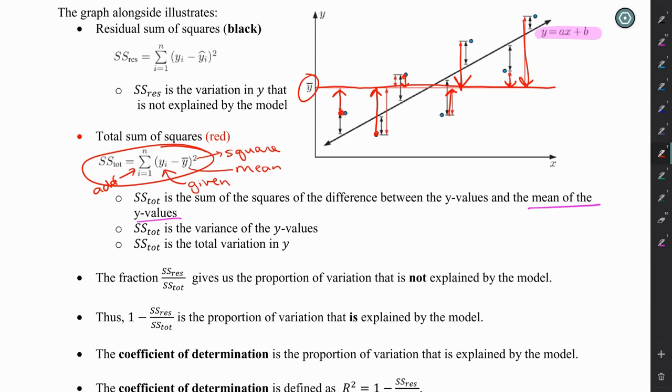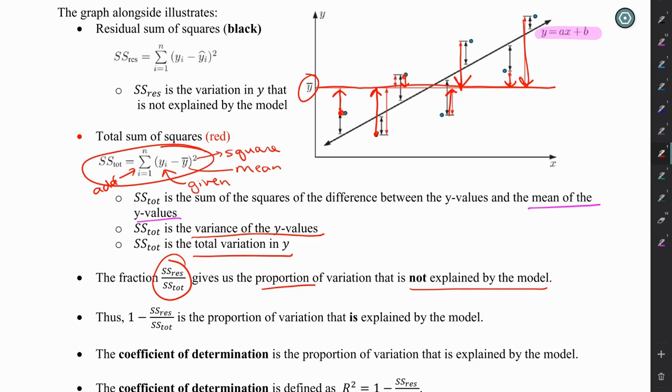So the total sum of squares is the variance in the y values, the total variation in y. It's how much y itself is changing off of the mean. If we take the fraction of the residuals divided by the total, that gives us the proportion of variation that's not explained by the model.